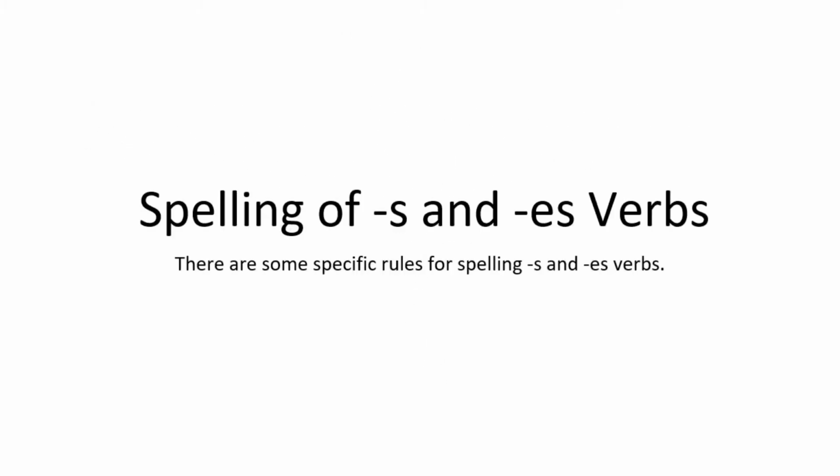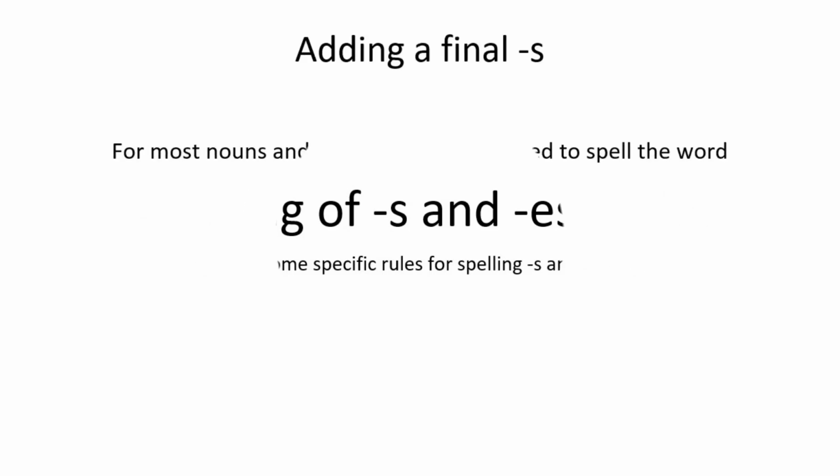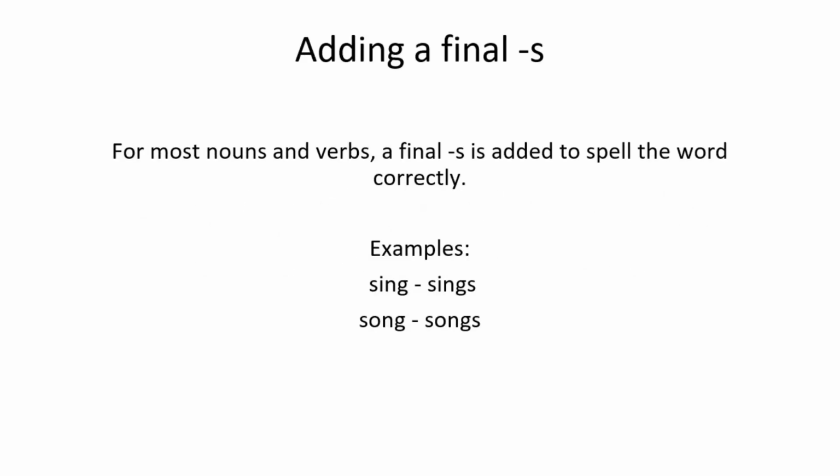Let's also take a look at the spelling of S and ES verbs. First, if you add a final S, you use this with most nouns and verbs. For example, sing, sings. Song, songs.